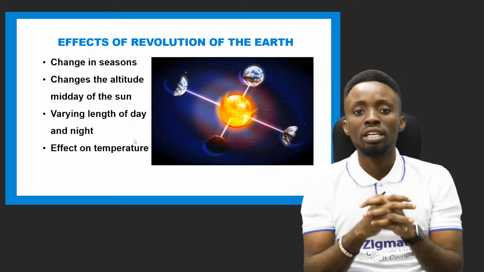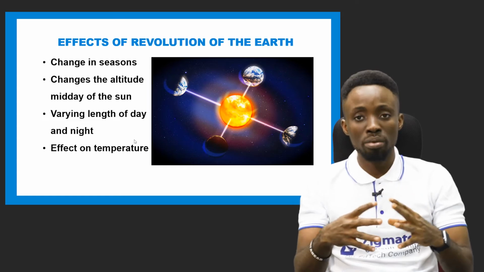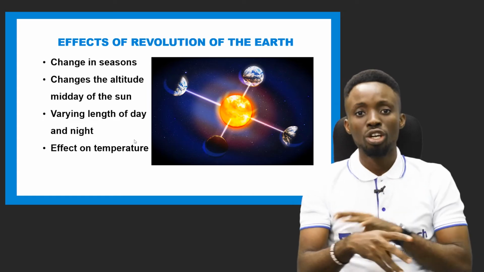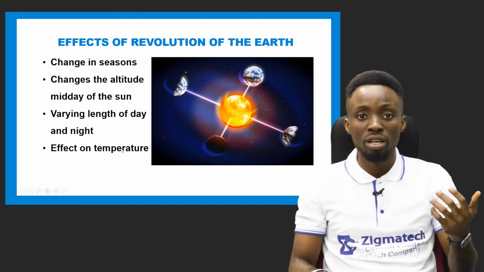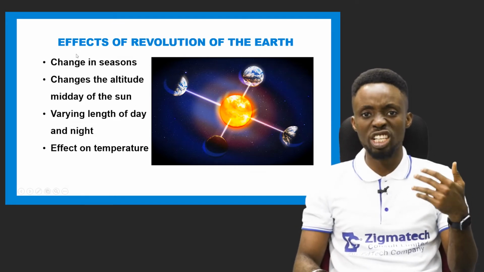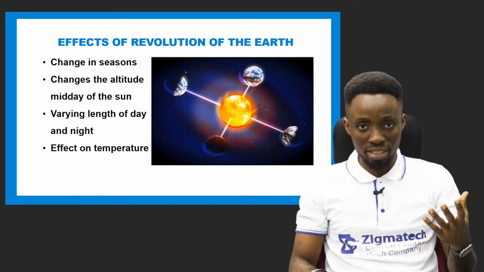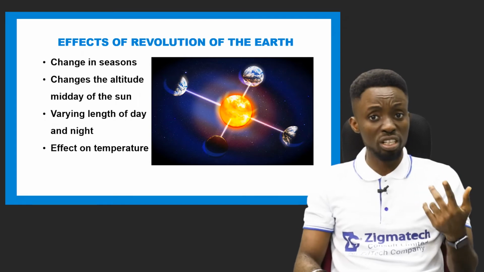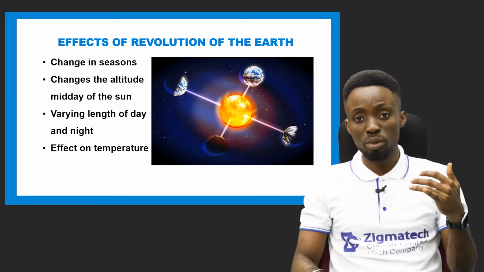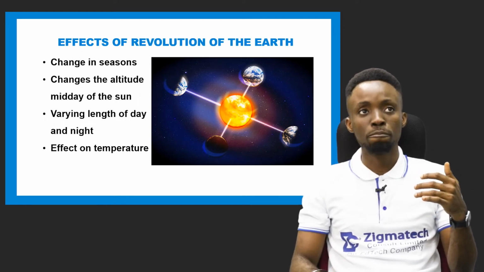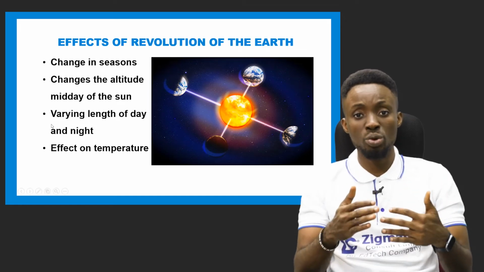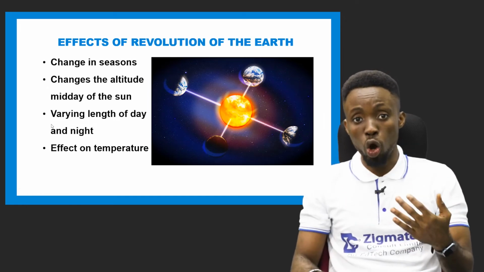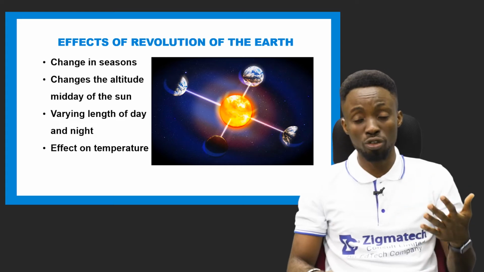What I'm trying to say is that in the month of December, specifically December 22nd, people in the southern hemisphere will experience the summer season, while people in the northern hemisphere will experience the winter season. Then when we get to June, specifically June 21st, people in the northern hemisphere will experience summer season, while people in the southern hemisphere will experience the winter season.